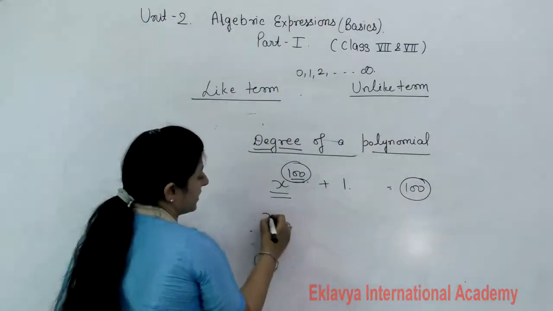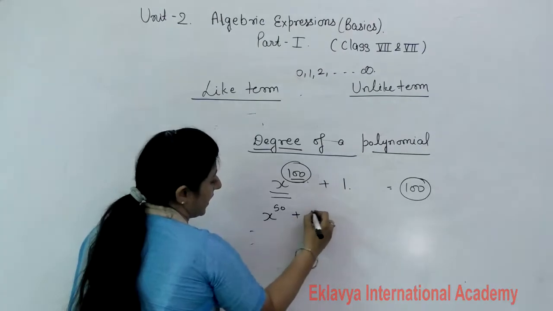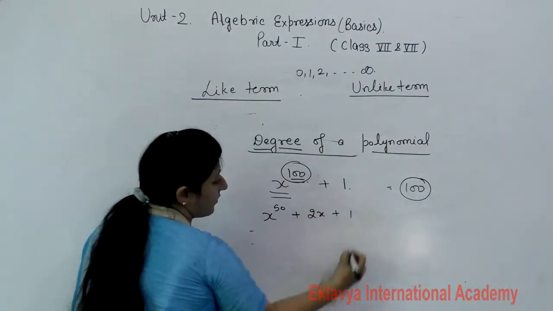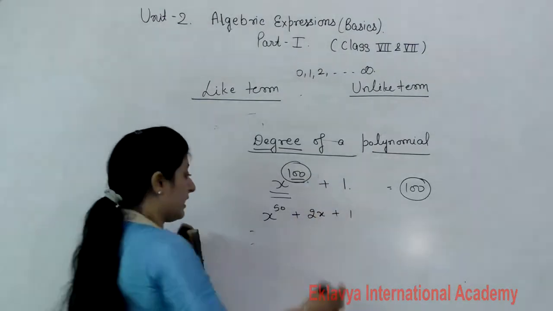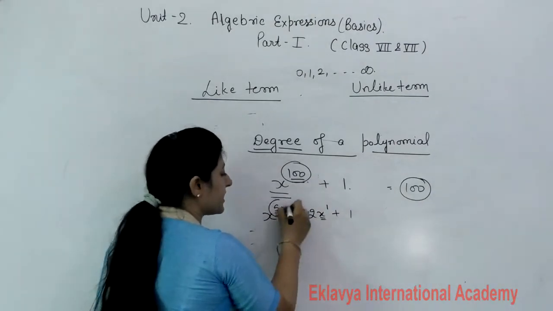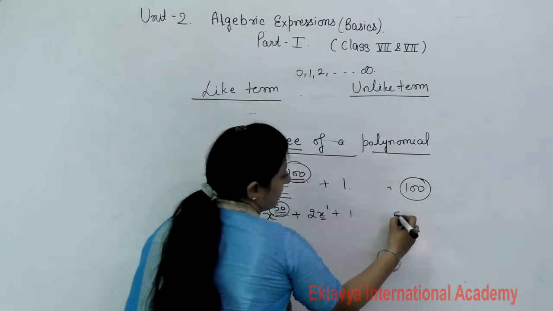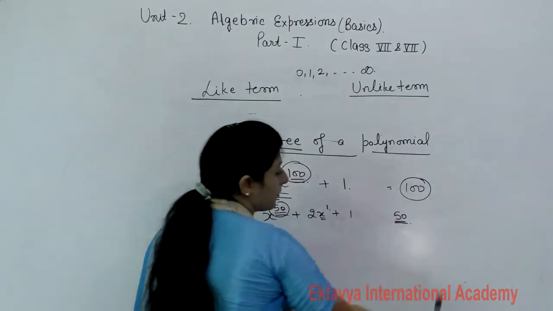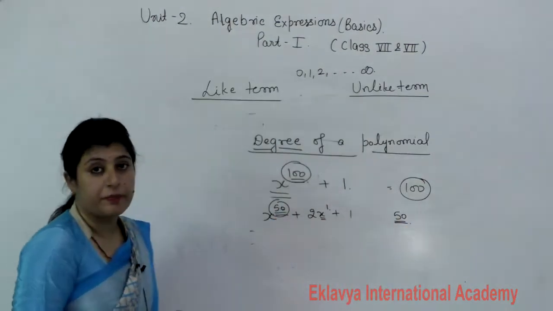Suppose I write down x power 50 plus 2x plus 1. Here power 50, here power 1. It means what is the highest power? 50. The degree of the polynomial is 50.